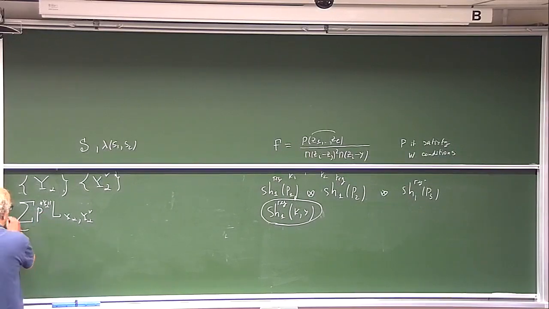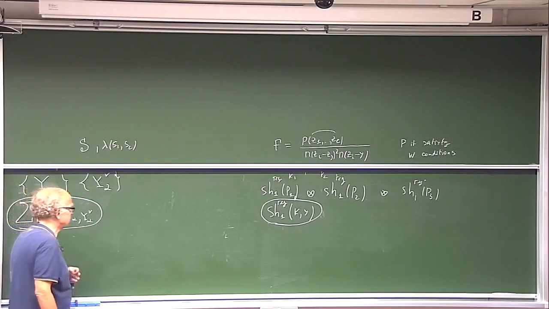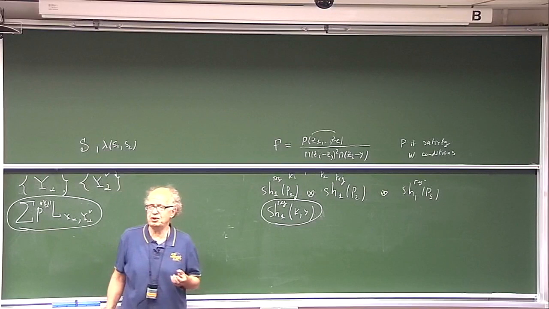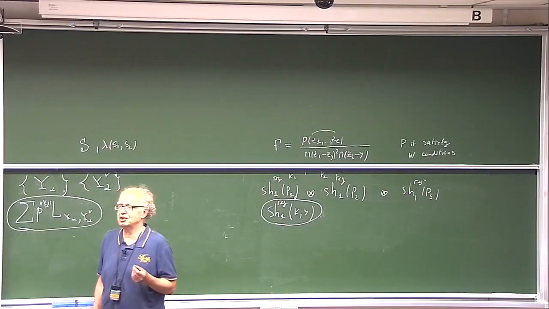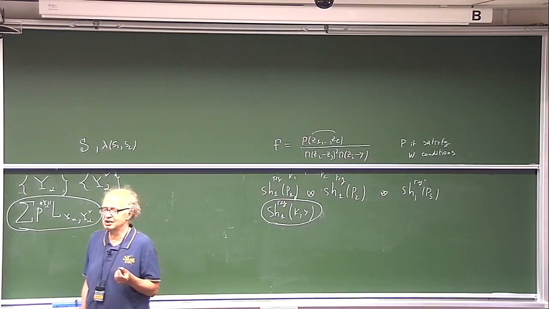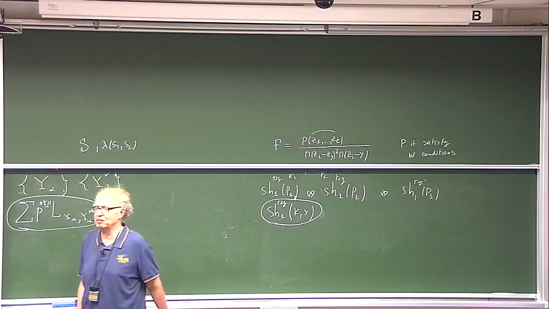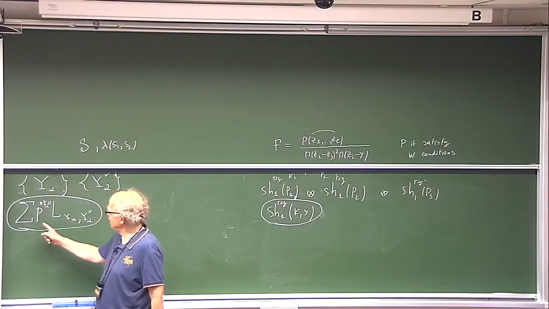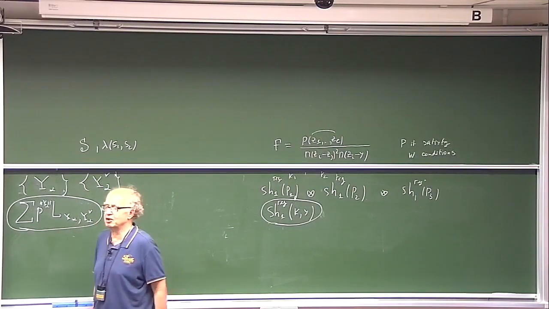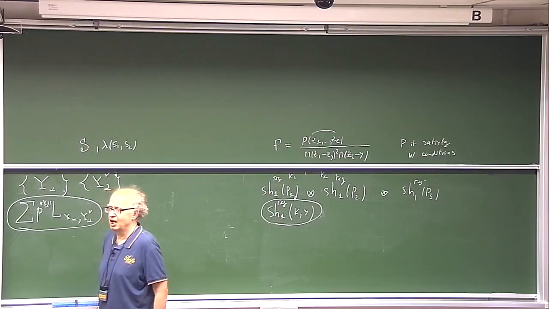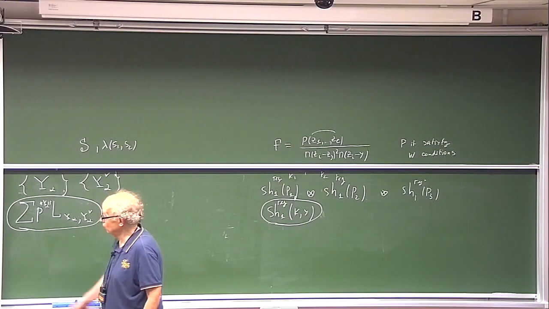Now, this is an infinite sum, but if P is small, then this operator converges. And then it gives us some operator depending on the parameter P and U also.